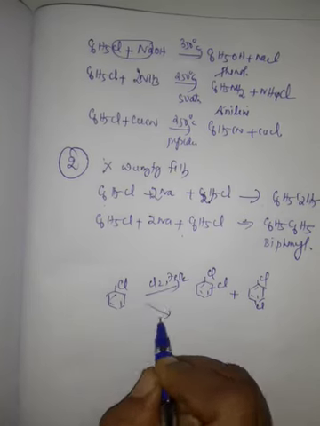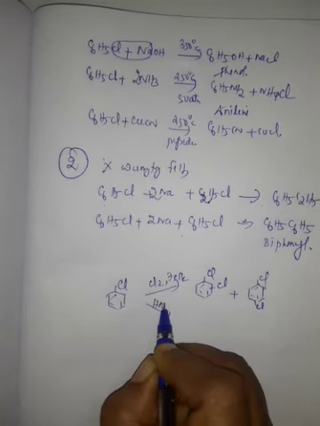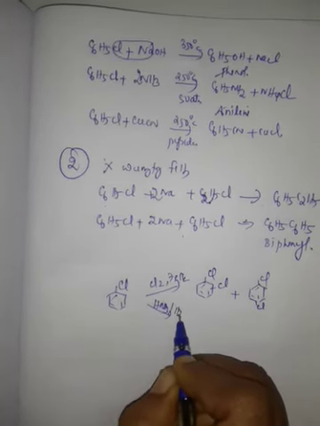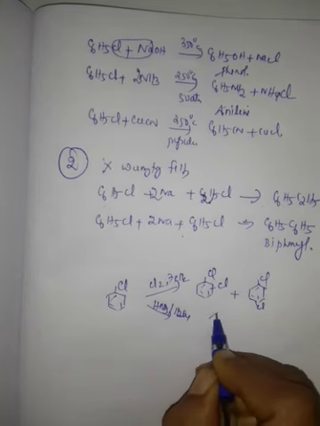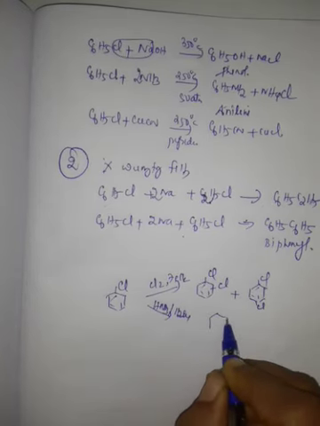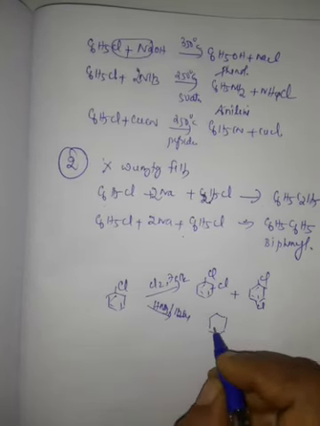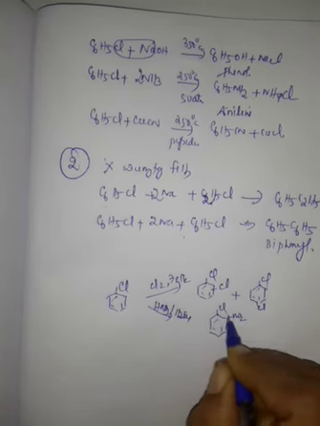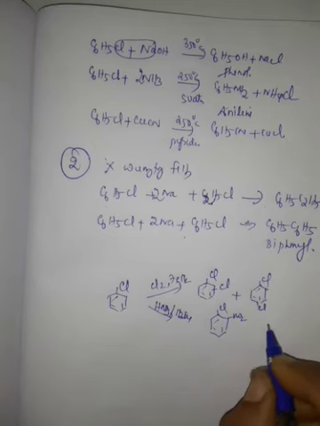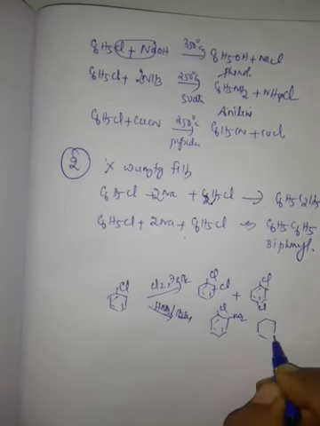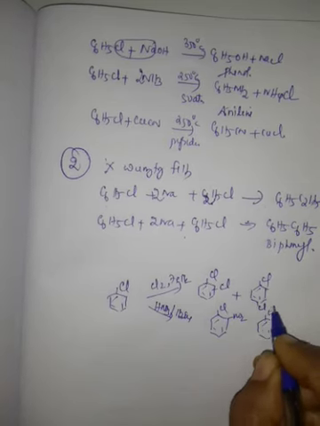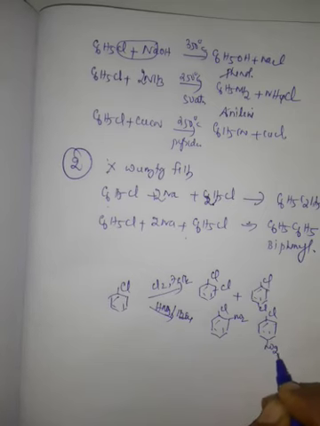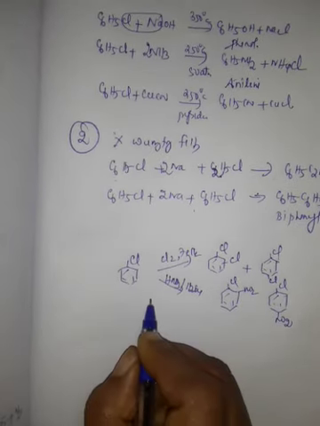Next, treated with concentrated nitric acid and concentrated sulfuric acid, giving orthochloronitrobenzene. Similarly, parachloronitrobenzene.